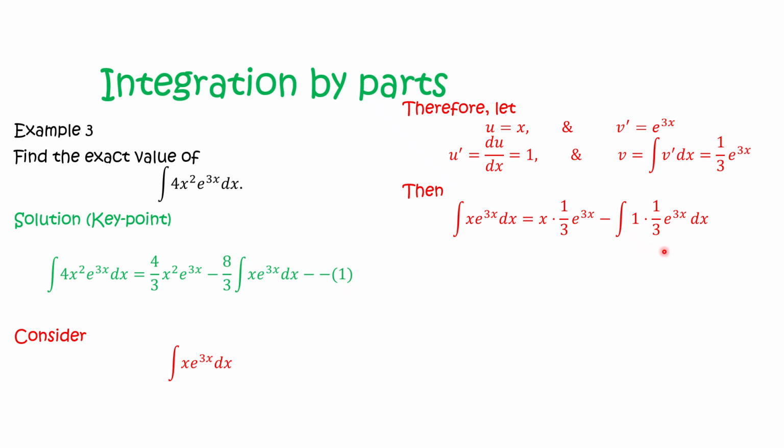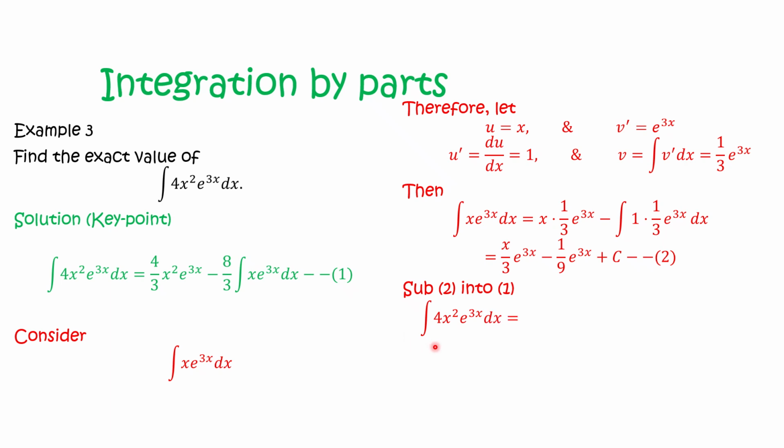This time around, the integral that is on the far right is way easier to integrate. So upon integrating, we are going to get x over 3 e to the 3x minus 1 over 9 times e to the 3x plus c. Let's label this equation 2.